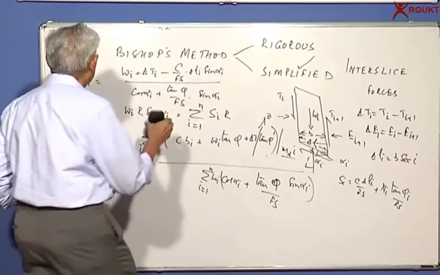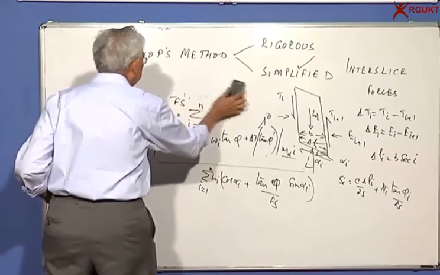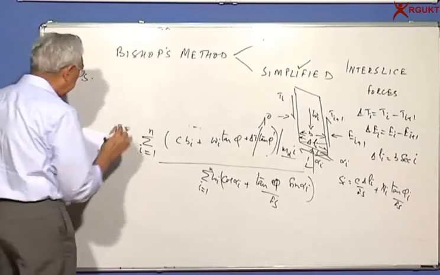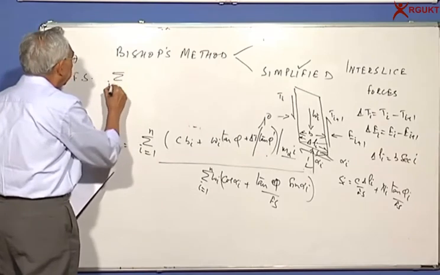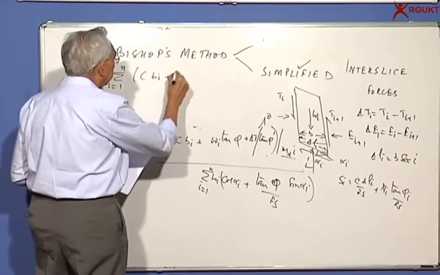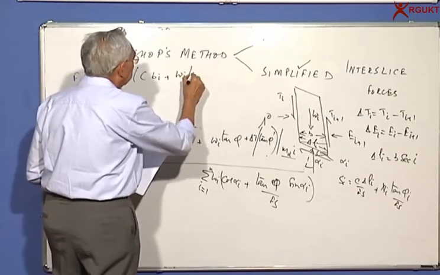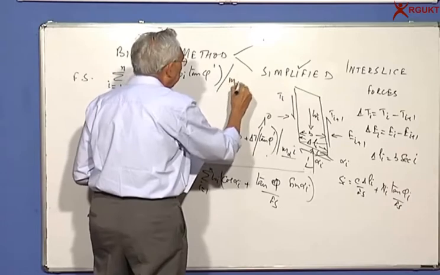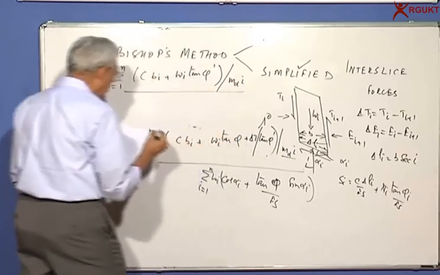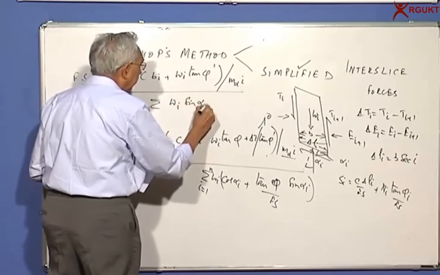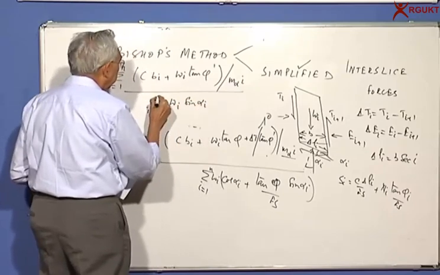So what we will do now is the simplified Bishop's method. The factor of safety is equal to sigma i going from 1 to n of C Bi plus Wi tan phi prime, divided by m alpha i, all divided by sigma Wi sine alpha i, going from 1 to n.